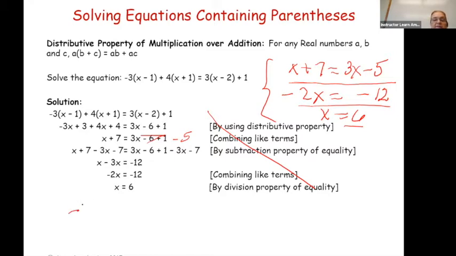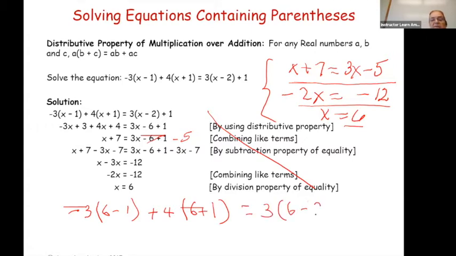So we would have -3 times 6 minus 1 plus 4 times 6 plus 1 equals 3 times 6 minus 2 plus 1.